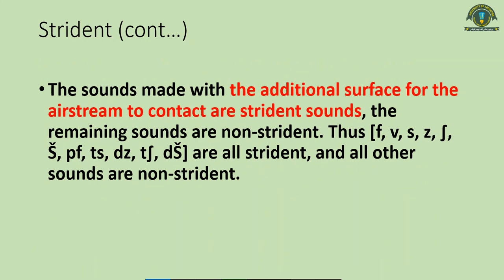When you are producing th, the air is escaping directly through the mouth, so you are not getting any additional surface for the airstream to contact. But when you are making f or v, the air is directed towards your lower lip, so it has some additional surface for the airstream to contact.